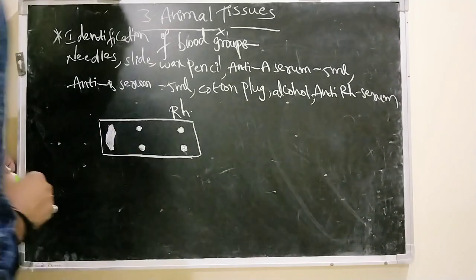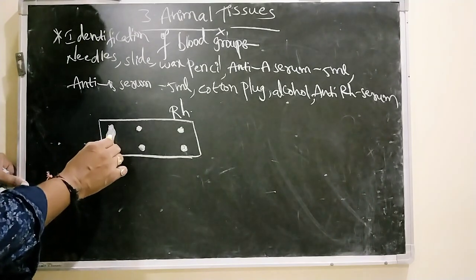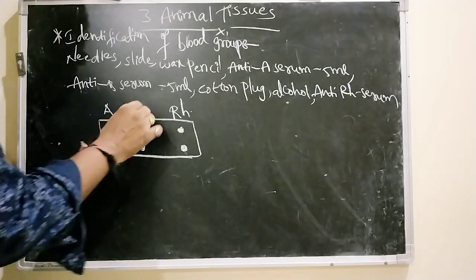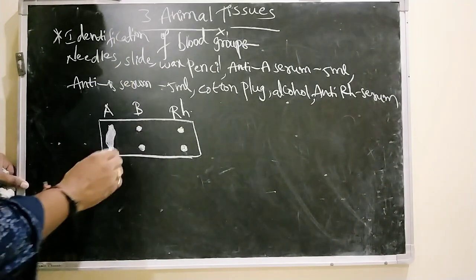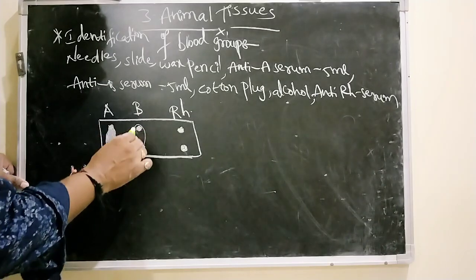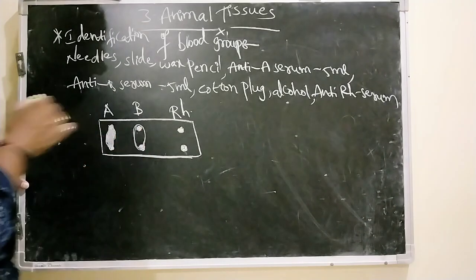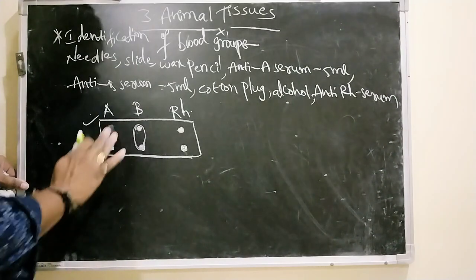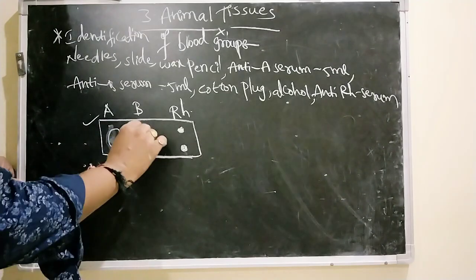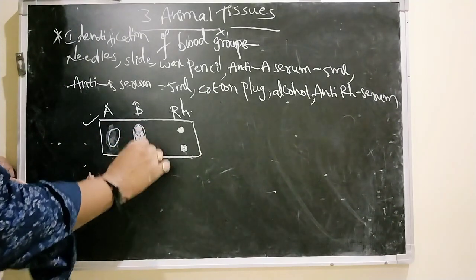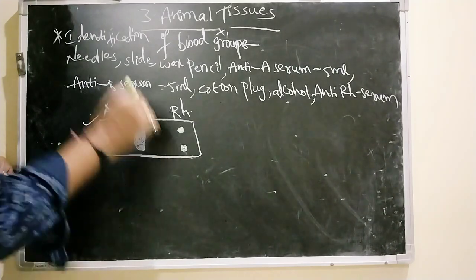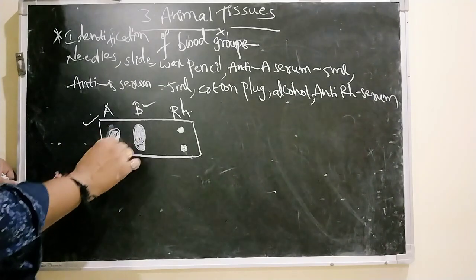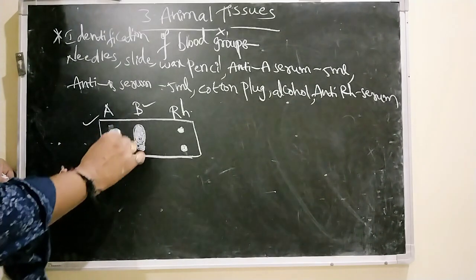If the blood clots here, and did not clot here, then the person's blood group is A. Otherwise, if the blood clots in the anti-B serum place, then the person's blood group is B. If in both cases the blood clots, the person's blood group is AB.